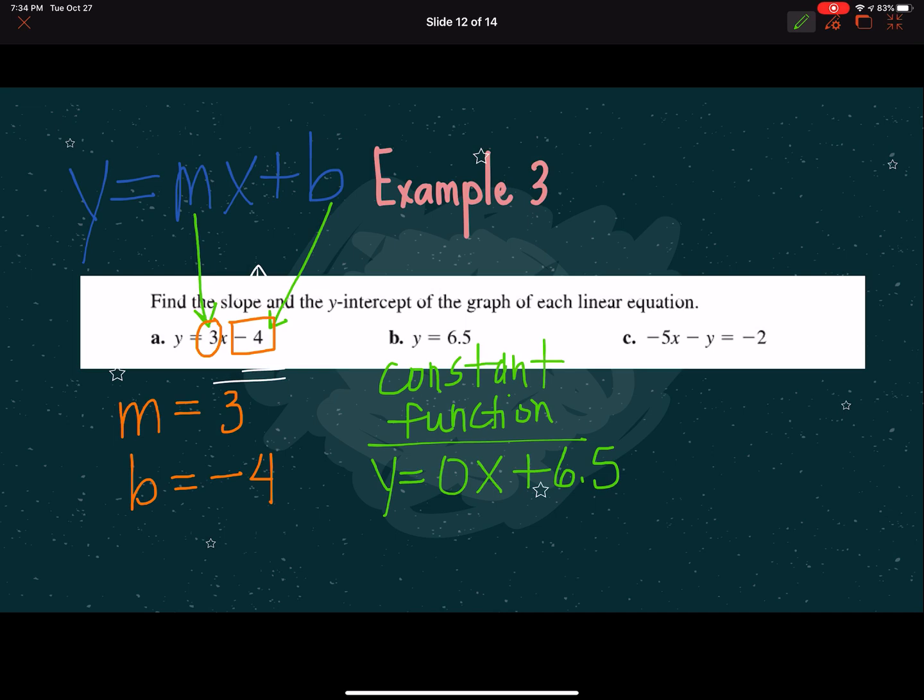That might give you a little more information about this equation that looks a lot different than the slope-intercept form. So with that in mind, can you tell me what my slope is now? Okay, my slope is 0, and my y-intercept is 6.5.